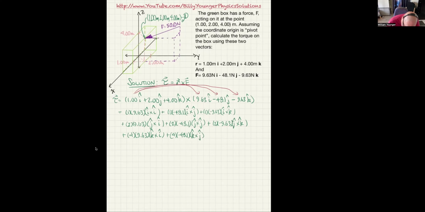And then finally 4 times negative 9.63, and of course, that's K hat cross with K hat.